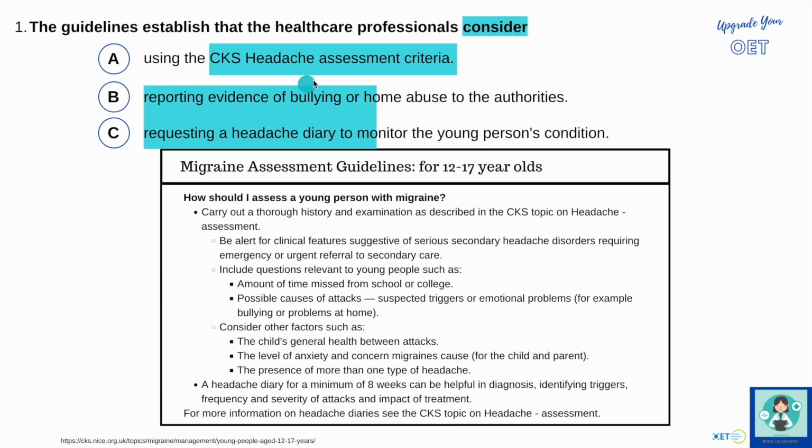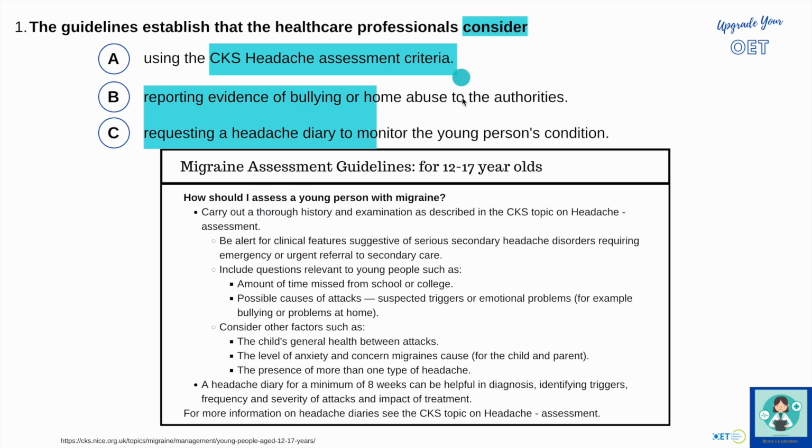So using this particular set of assessment criteria guidelines, so consider, there's a possibility for healthcare professionals to use this, or they consider reporting evidence of bullying. So this is very different. So we've got using a set of criteria to assess, reporting bullying or home abuse to the authorities, or requesting a headache diary to monitor the young person's condition.